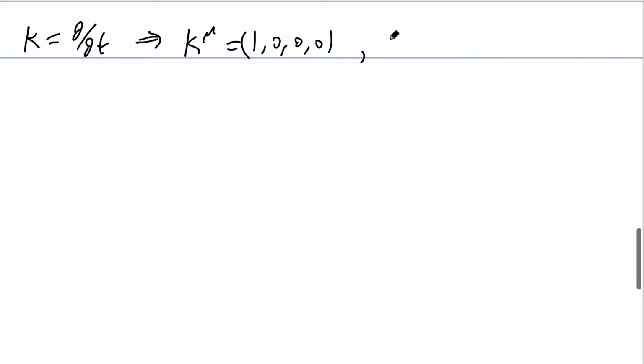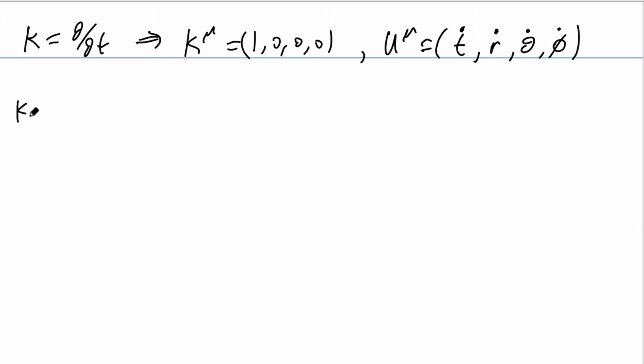So taking k to be ∂/∂t, that's the vector with components 1, 0, 0, 0. And of course the four-velocity has components ṫ, ṙ, θ̇, φ̇.